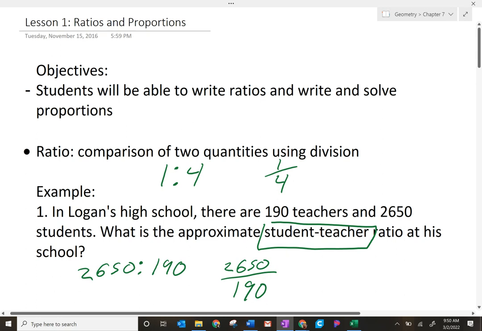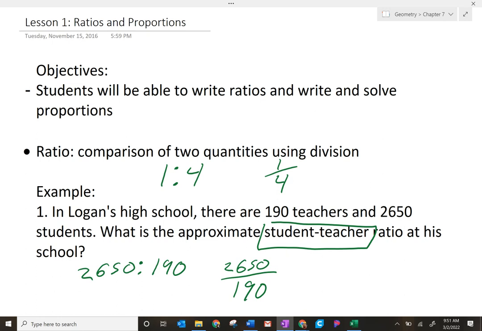Whenever we have these ratios, usually we want one of our numbers to be a 1. So in this case, our bottom number, where we're trying to figure out how many students per teacher, we want the bottom number to be 1. So I'm going to divide 2,650 by 190.